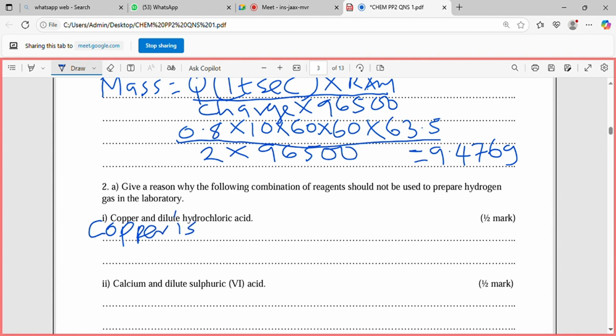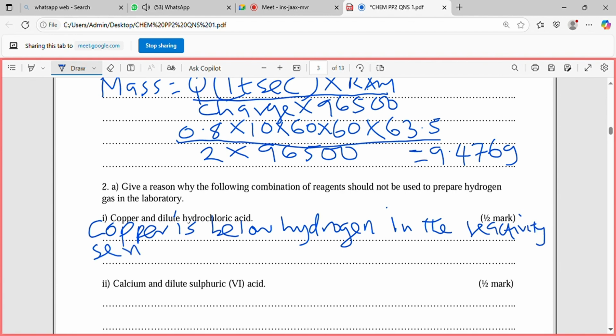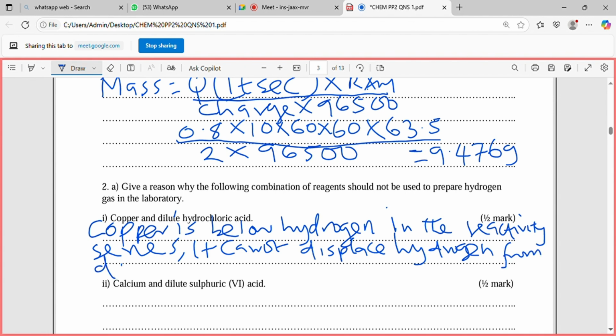Copper is below hydrogen in the reactivity series, so it cannot displace hydrogen from dilute hydrochloric acid, dilute HCl.